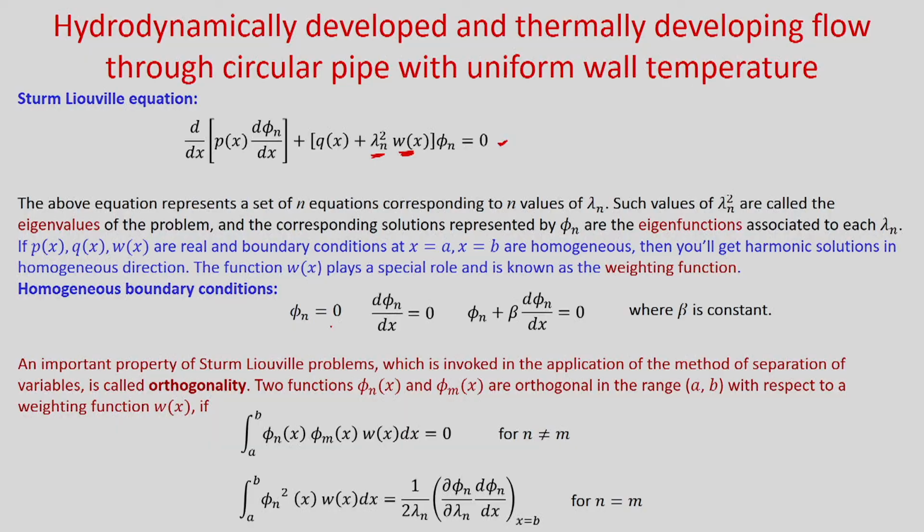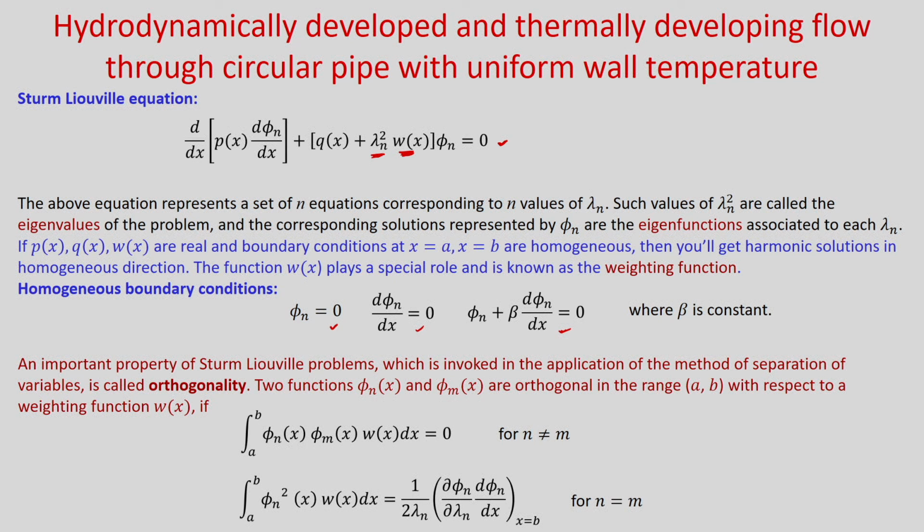If the value of the variable is 0, or the gradient of the variable is 0, or a combination of these two is 0. So, phi n is 0, or d phi n by dx is 0, or phi n plus beta d phi n by dx is 0, where beta is a constant. If you get the boundary condition in this form, then these are homogeneous boundary conditions. So, we can use the separation of variables method if in the homogeneous direction we get a characteristic value problem.